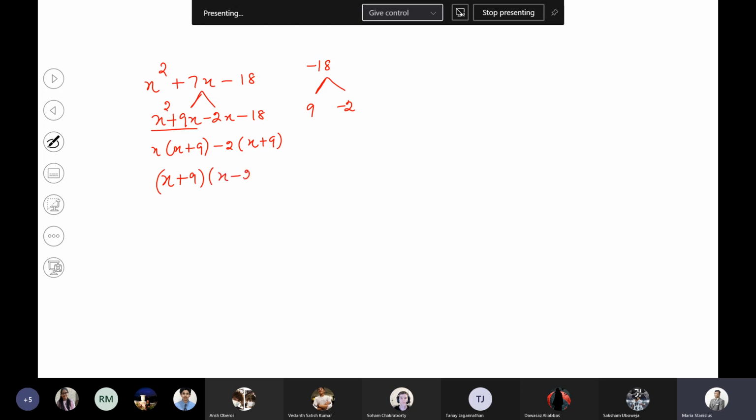Therefore, the remaining factor should be x minus 2. Therefore, x squared plus 7x minus 18 is factorized as x plus 9 times x minus 2. Okay, so this is question number 4.